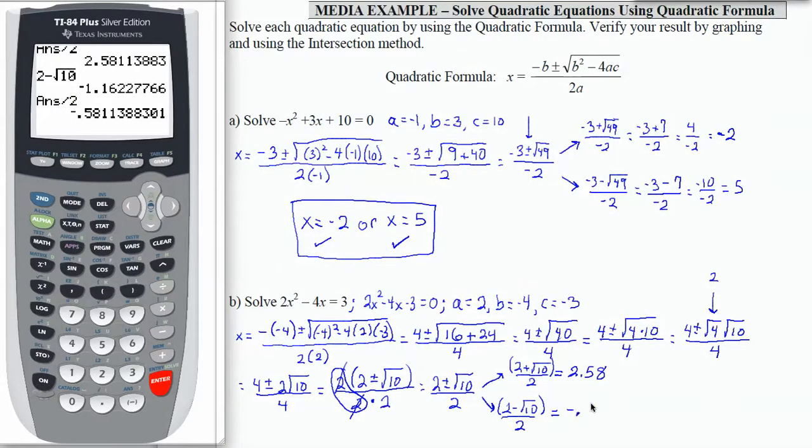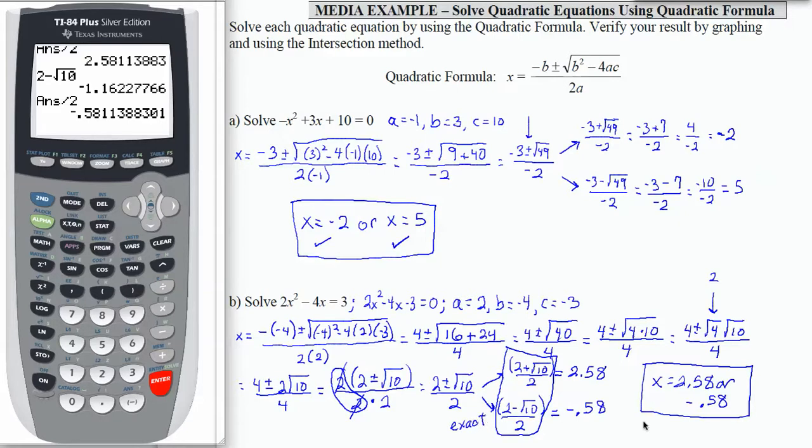Let's round that also to 2 places. So I get x equals 2.58 or negative 0.58. Those are my two solutions obtained from the quadratic formula. Note that these two solutions here are exact, and these last two are the form rounded to 2 decimals.